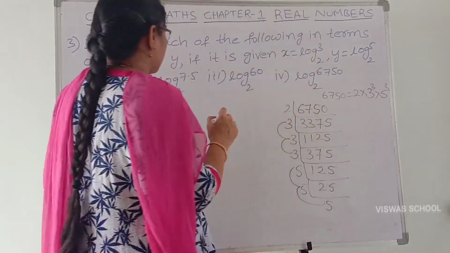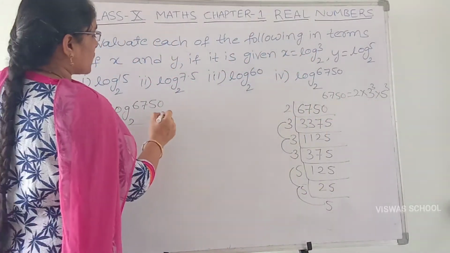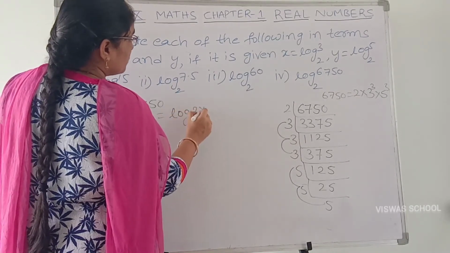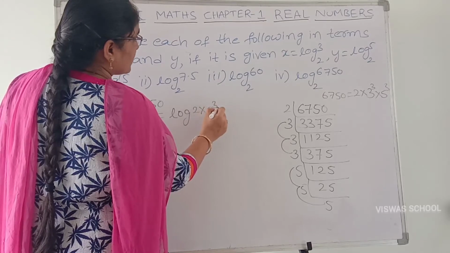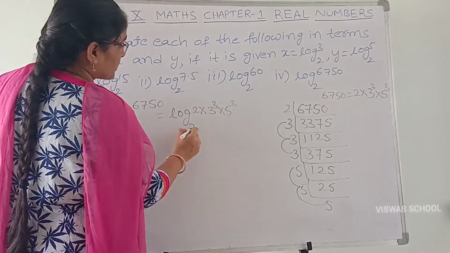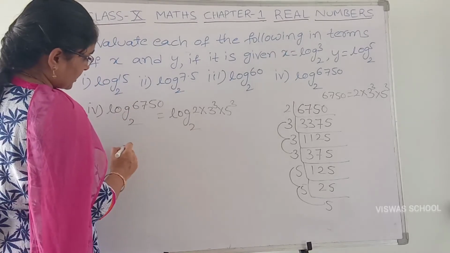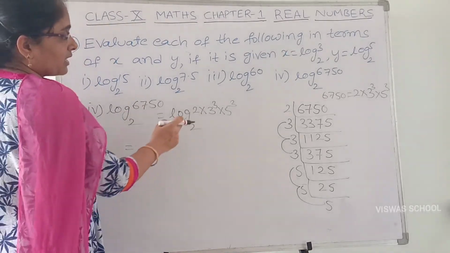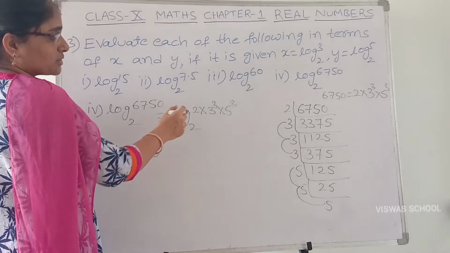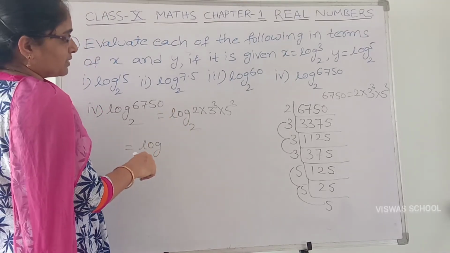That is, 6750 you write it as log of 2 into 3 to the power of 3 into 5 to the power of 3, and base is 2. Now it is equals to what? Here same formula: log x into y base a equals log x base a plus log y base a.